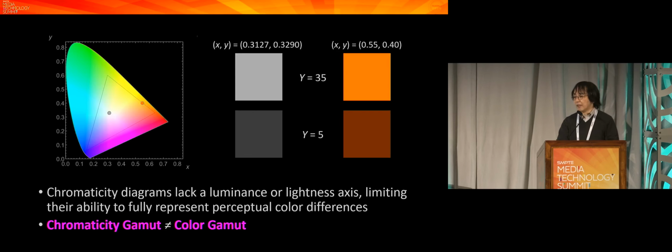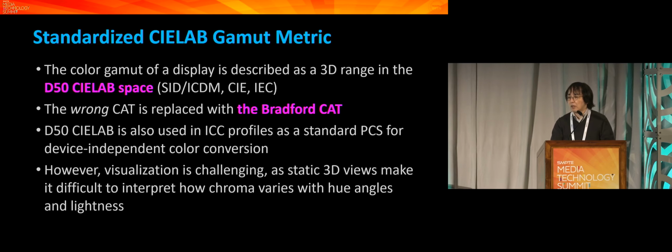Furthermore, the chromaticity diagrams lack a luminance or lightness axis, limiting their ability to fully represent perceptual color differences. So we must distinguish chromaticity gamut from color gamut. The color gamut of a display is described as a 3D range in the D50 CIELAB space, which was standardized by ISO, CIE, and IEC.